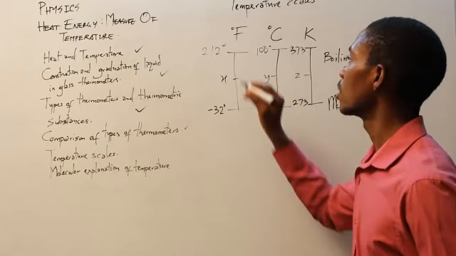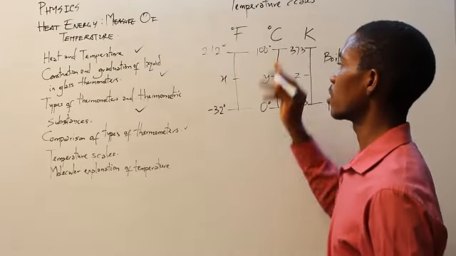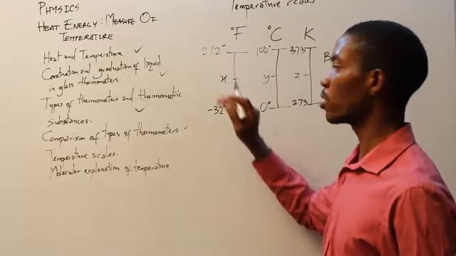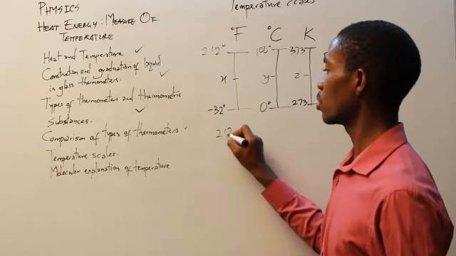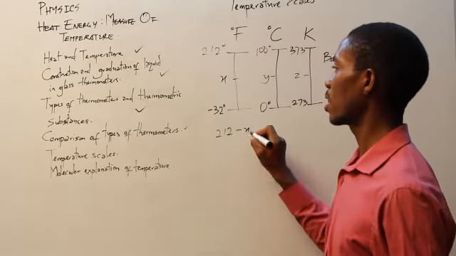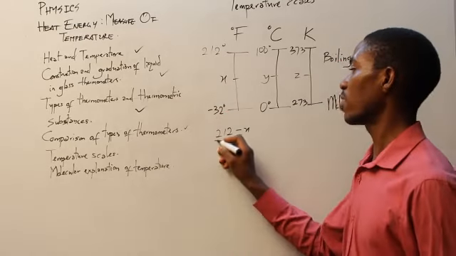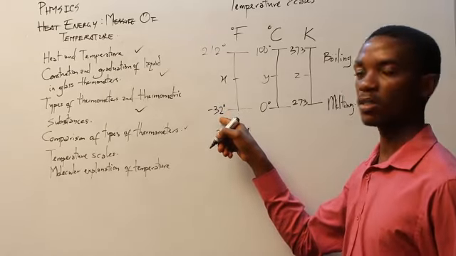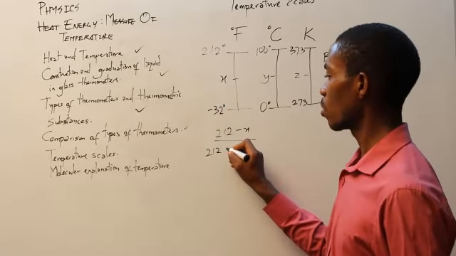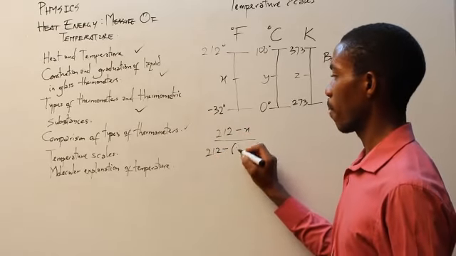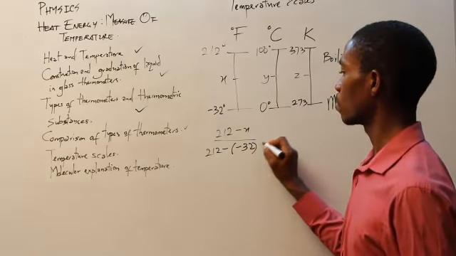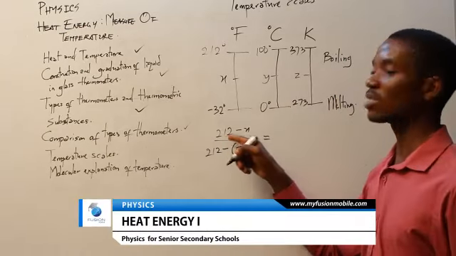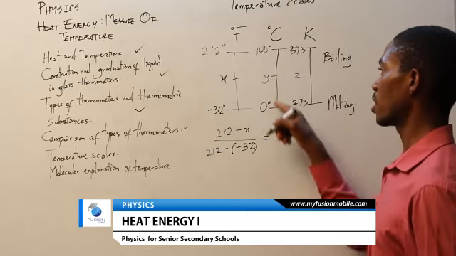If we're working with Fahrenheit and centigrade, the boiling point is 212 minus X, that's the temperature we are going to, divided by the difference between the boiling and the melting point, that's 212 minus 32, should be equal to, whatever system we are using here must be replicated here.